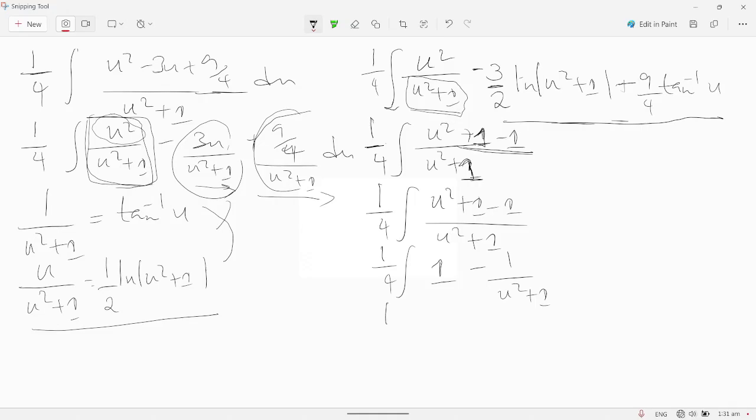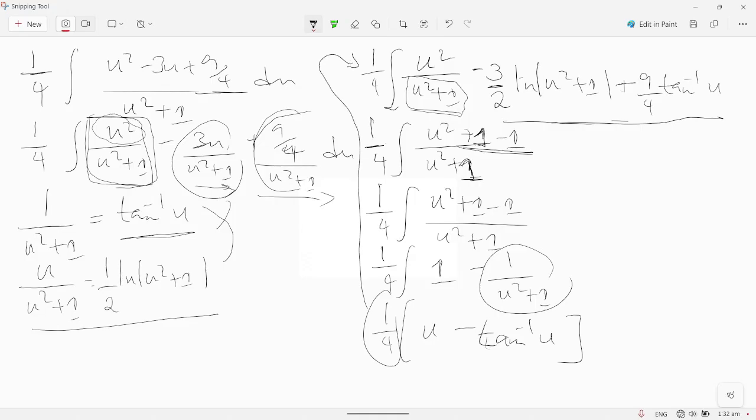The integral of this will just be u minus, remember that this part is equivalent to tan inverse, so minus tan inverse of u. The 1 over 4 was supposed to remain.